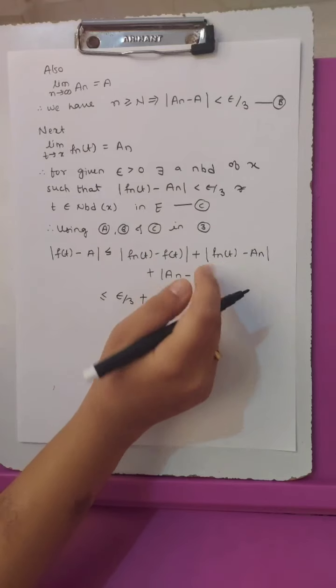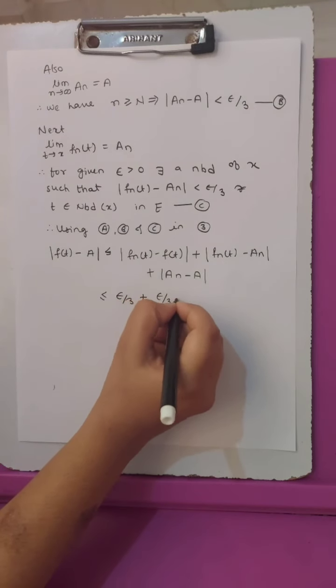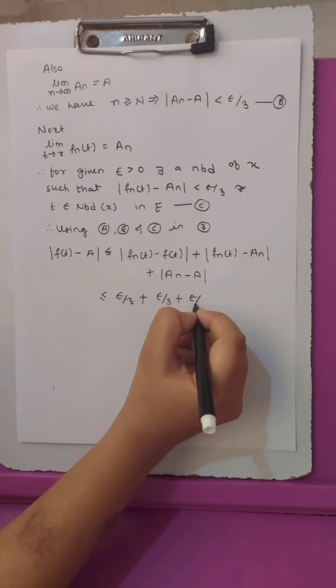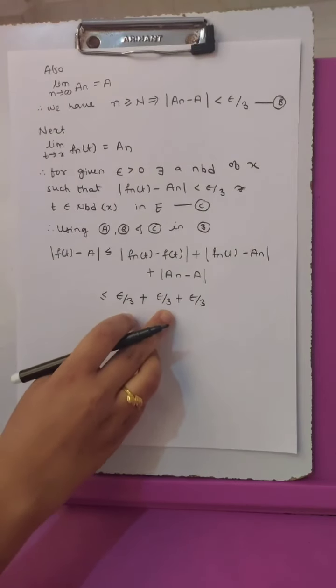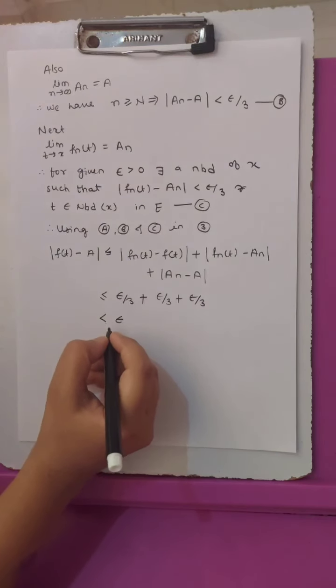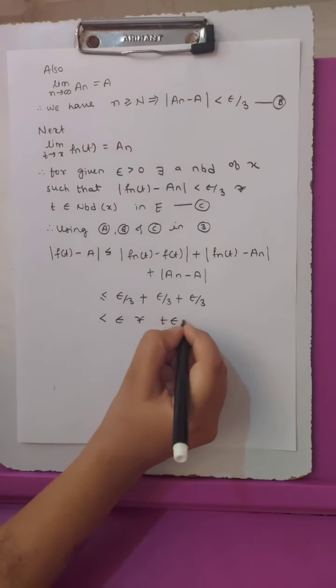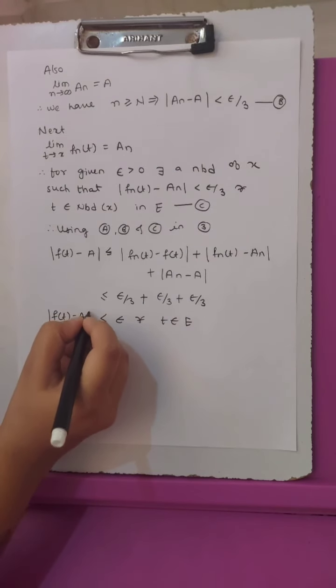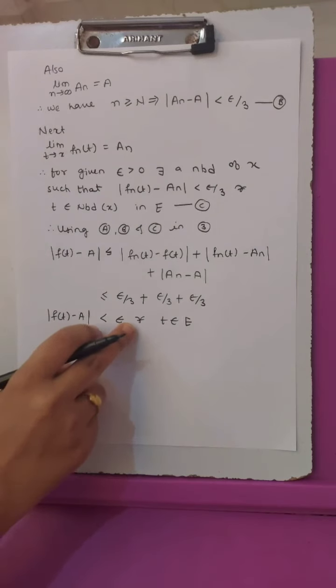From C, this is less than epsilon by 3. And from B, this is less than epsilon by 3. So epsilon by 3 plus epsilon by 3 plus epsilon by 3 is less than epsilon for all t belongs to E. That is, mod of f of t minus A is less than epsilon for t belongs to E.